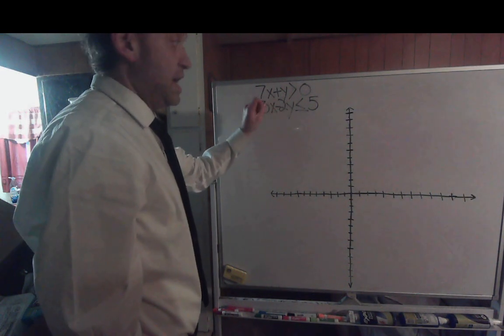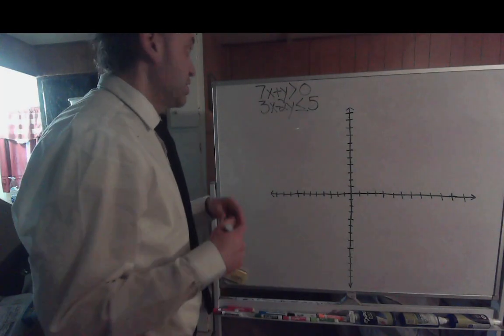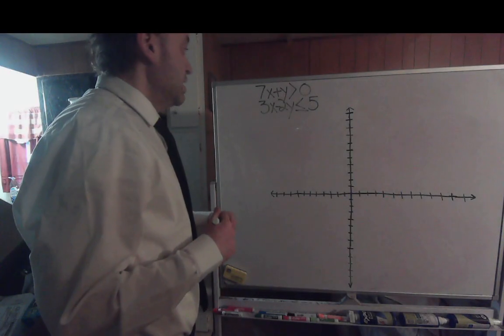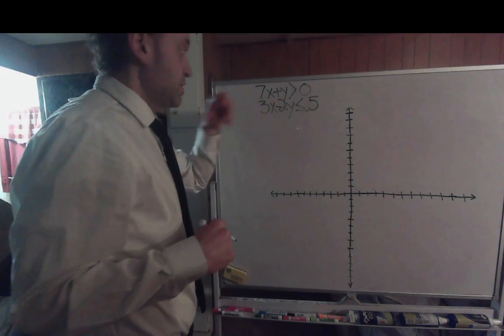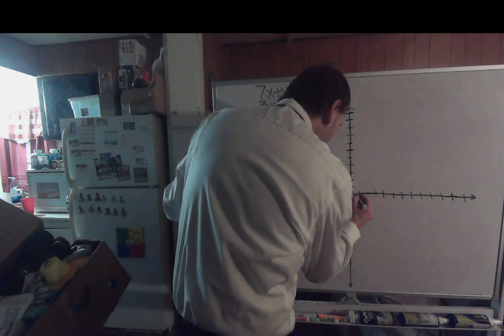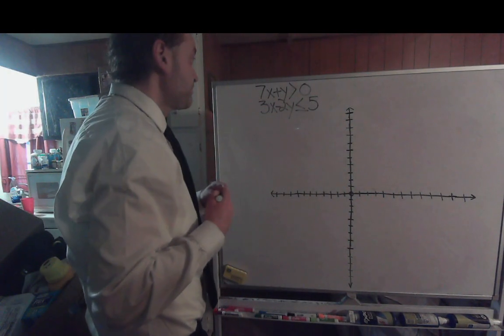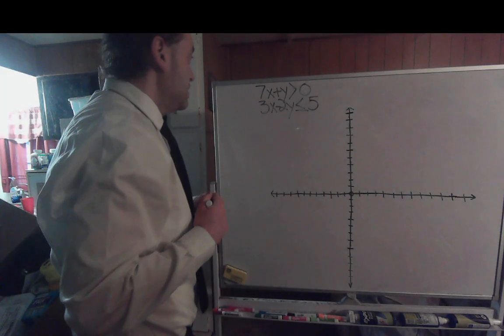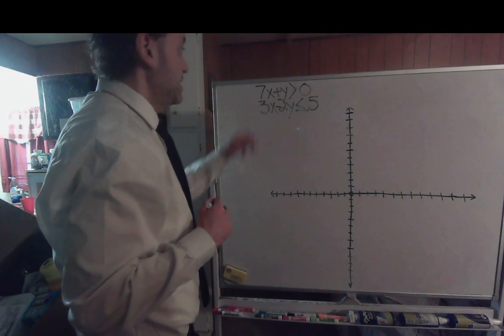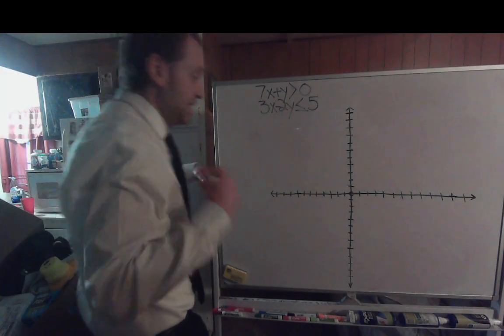So this line through 7x plus y equals 0 will be dotted since that's not part of your solution. Of course, you'll get 0 for both intercepts. So the point 0, 0 will end up being an open circle there since that's not part of your solution. Now, if I put in 1 for x, I'll end up getting y equals negative 7.